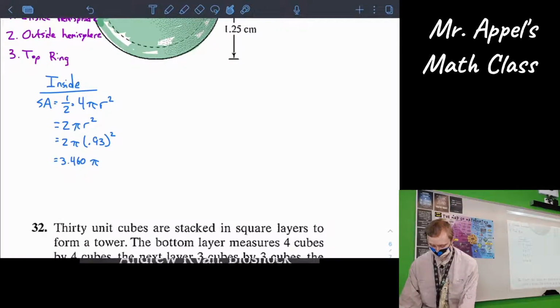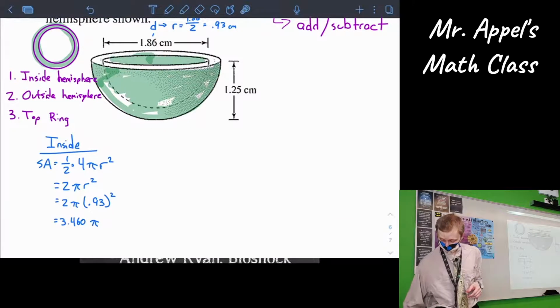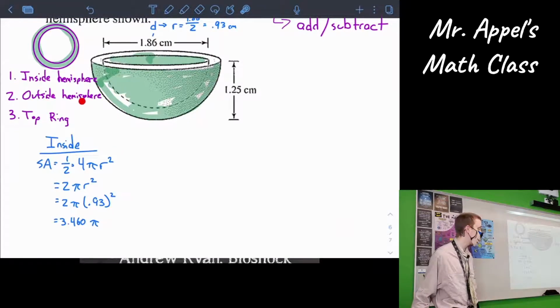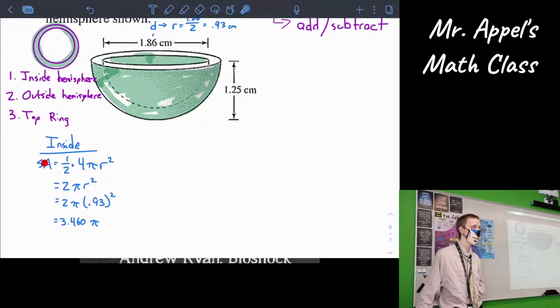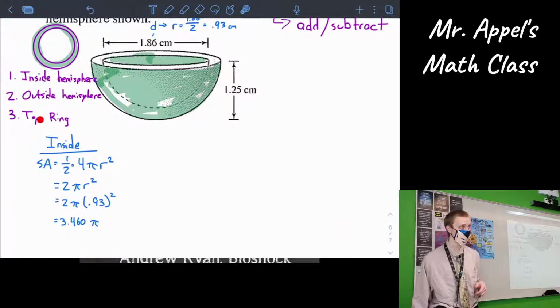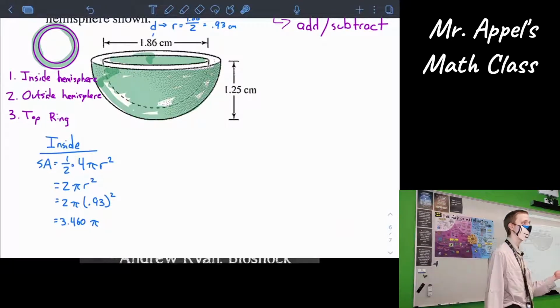And for the same reason, I'm going to leave it in terms of pi for now, until we get to the final answer. We can also think about this. Our other pieces, outside hemisphere, that's going to be the same formula, isn't it? Also going to involve pi, right? That top ring, difference of circles, also going to involve pi, right?